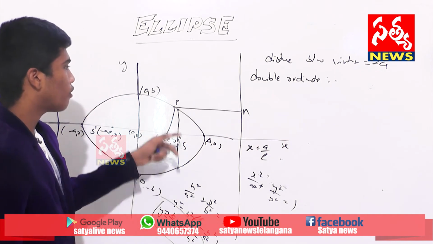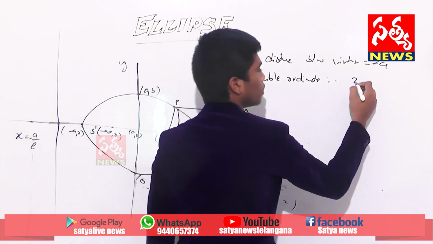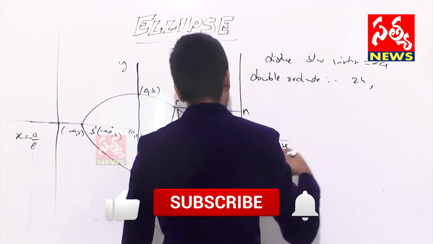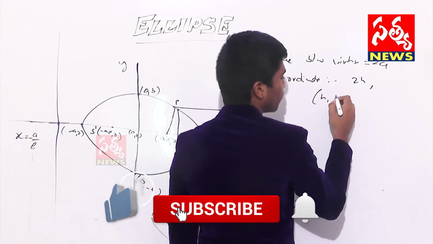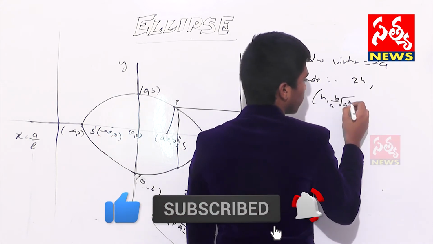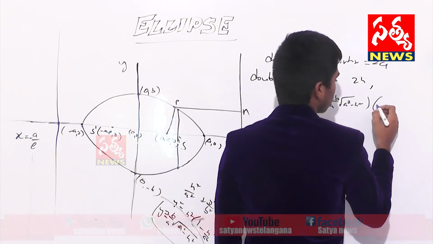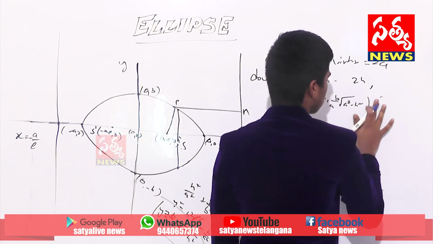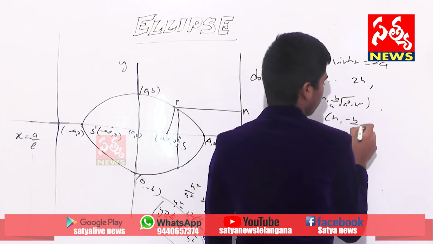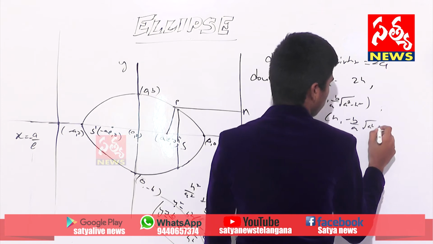So finally, what would be the distance? It is 2h, and the coordinates are h comma b by a under root a square minus h square, and the other is h comma minus b by a under root a square minus h square.